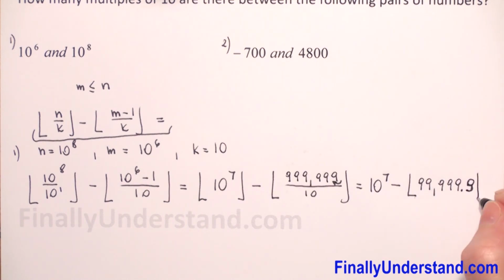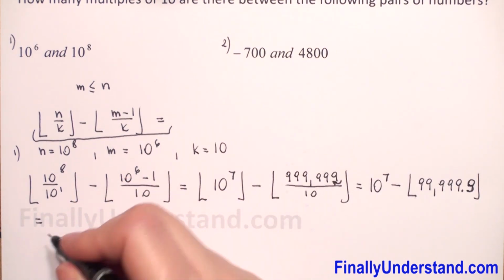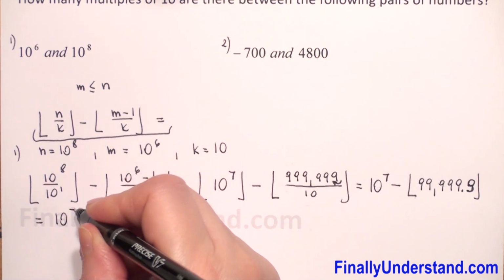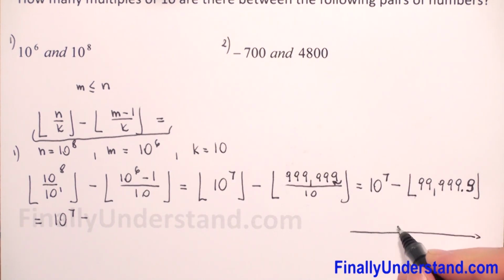And now this is equal. We have 10 to power 7 minus floor of this number. This is not integer, so we have to find the largest integer less than this number. You can always draw number line and find first this number.